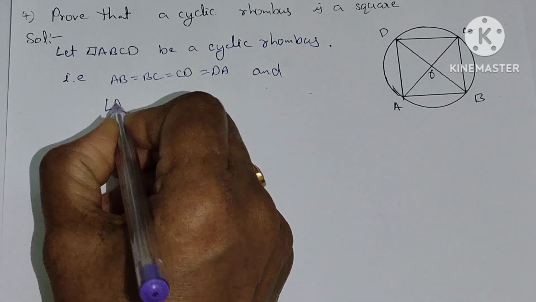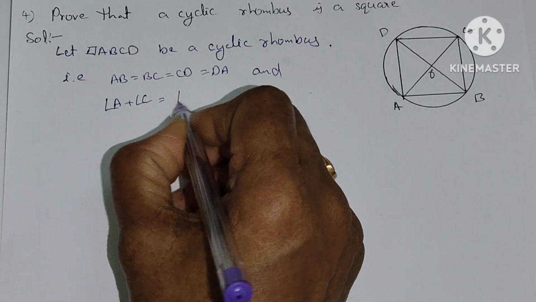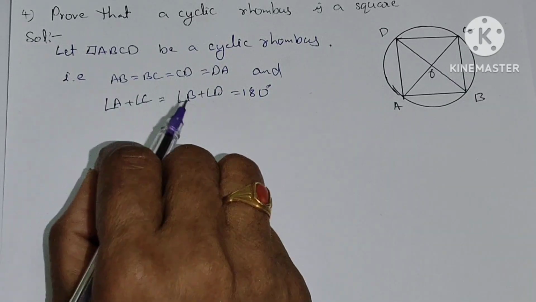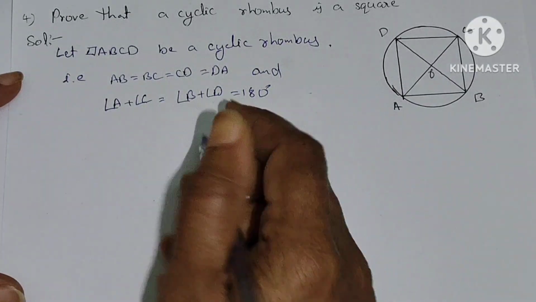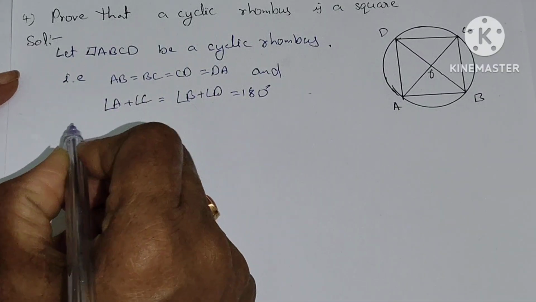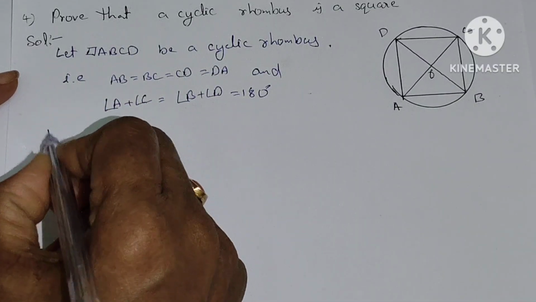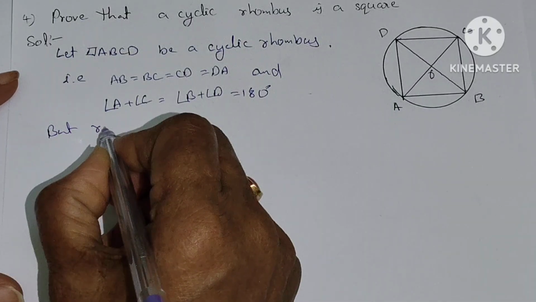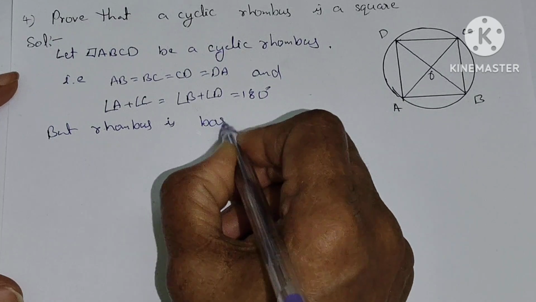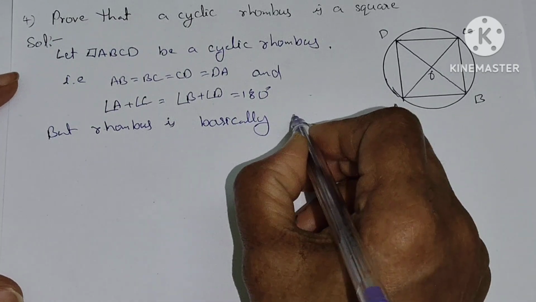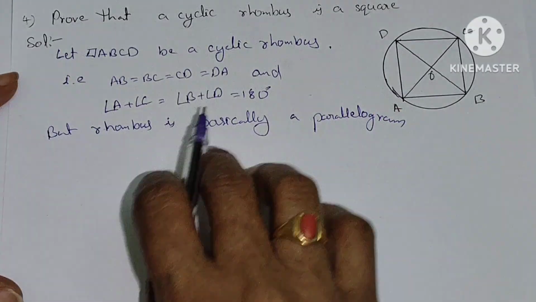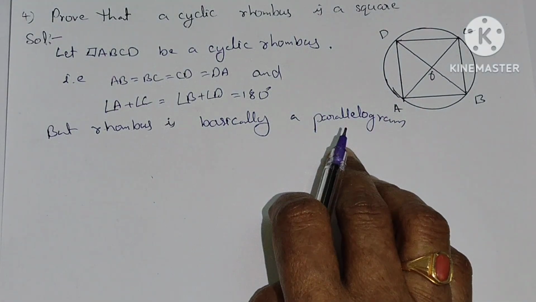So angle A plus angle C equals angle B plus angle D equals 180 degrees. But a rhombus is basically a parallelogram. So we write that a rhombus is a parallelogram.